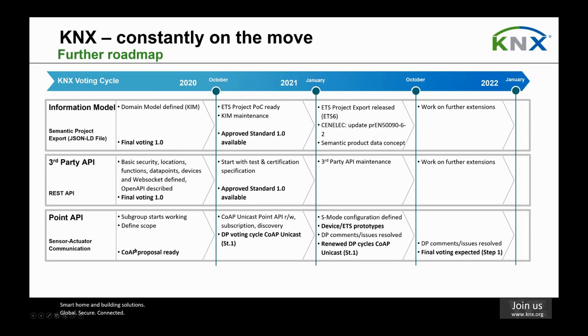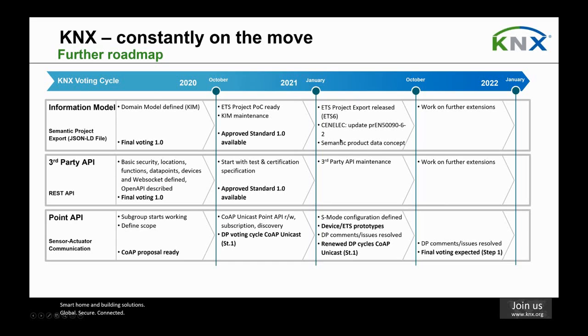As regards Point API, the group readied the draft proposal, and this draft proposal is also undergoing voting as we speak. It is expected that this draft proposal will need 2 more voting cycles, and we hope by the end of 2021, beginning of 2022, that this Point API is available as a final specification, so also as an approved standard.